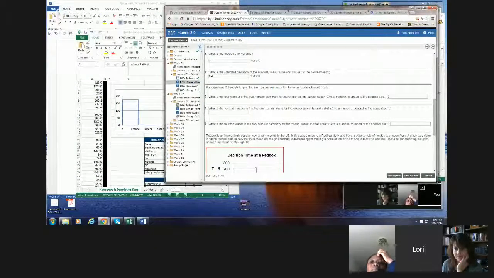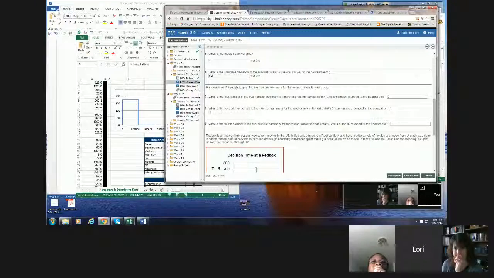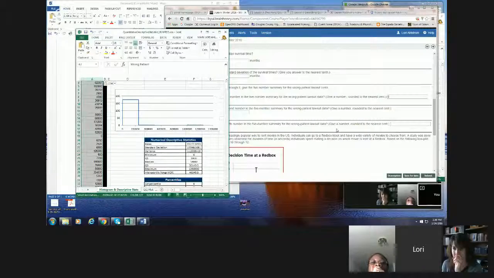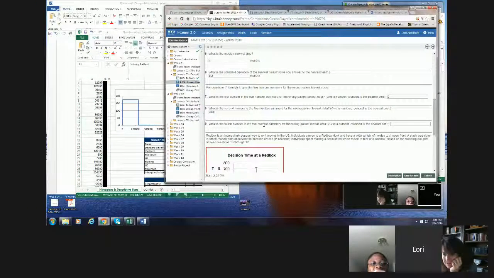What's the second number in the 5-number summary for the wrong patient lawsuit data? Do you guys remember what the 5 numbers are? There's the minimum, then Q1 is in between the median and the minimum. Q1 is 3,900. And then the 4th number in the 5-number summary.